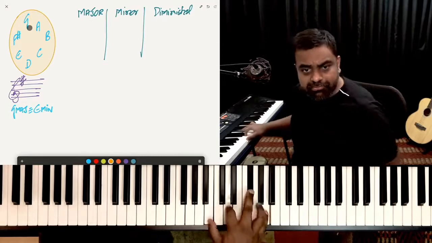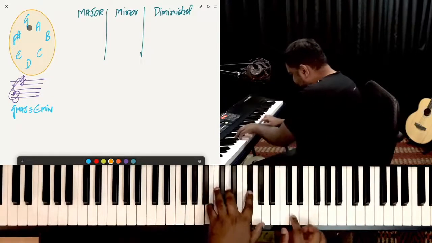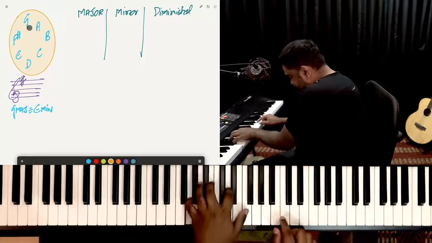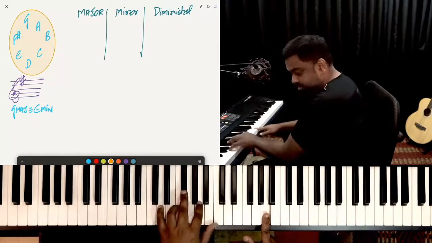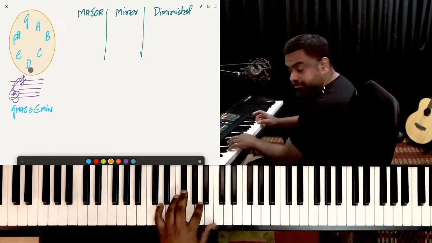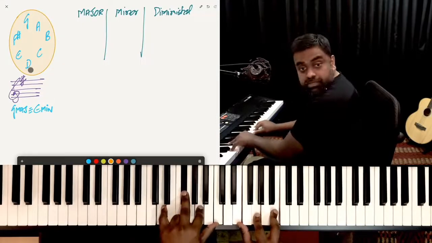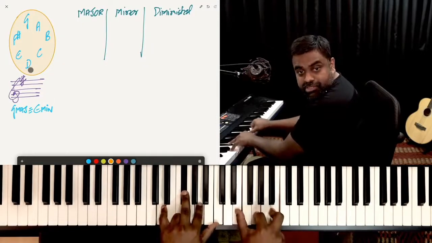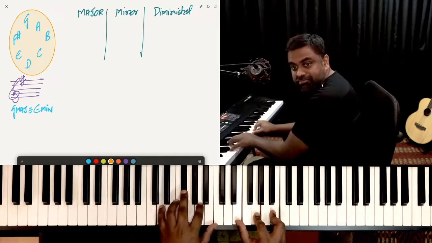And if you want, right now I don't have an extra finger, but if I use the other hand, like that, you can keep adding thirds. What's interesting is if you add it from the dominant chord, from the D, you can actually play all the notes of the G major scale in thirds, and it sounds quite beautiful.